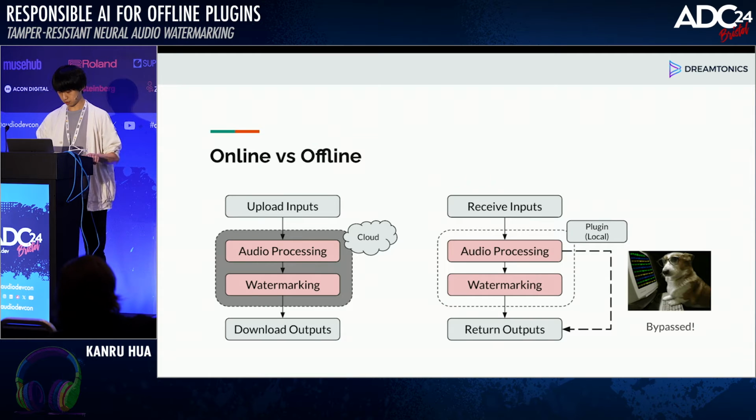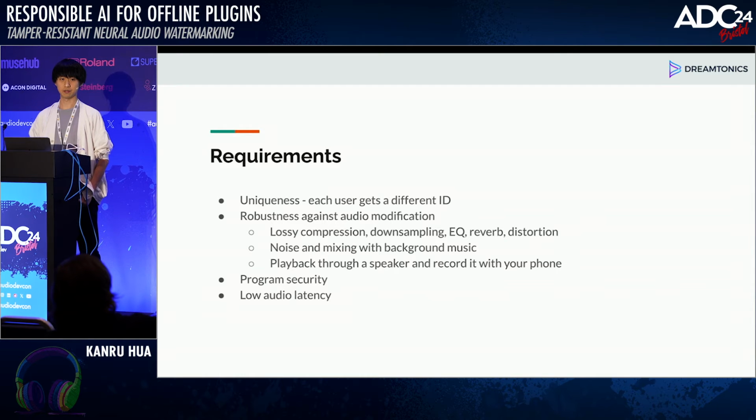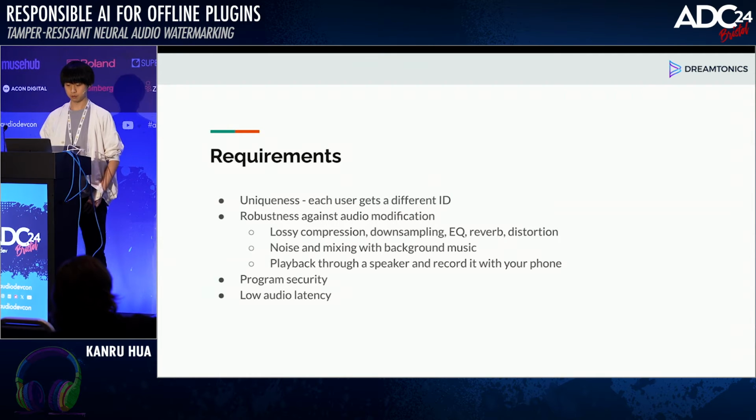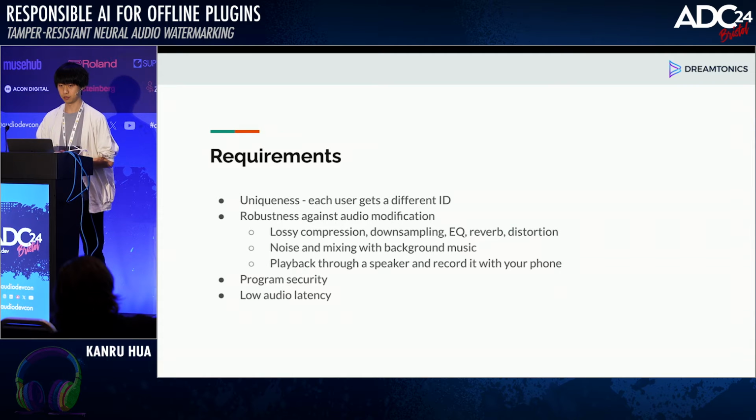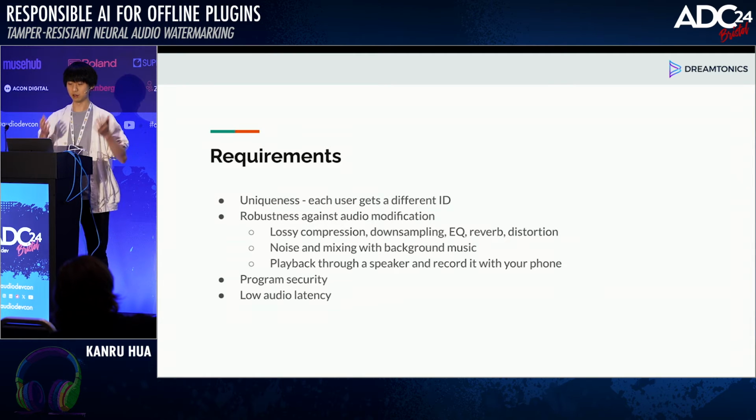So we want a powerful, robust, and secure method of adding watermarks offline. To be a little more clear on the requirements, first, we want the watermark to be unique, so each user gets a different watermark ID. We want it to be robust against common audio modifications or transformations, like uploading to YouTube and downloading it, and you can still extract the watermark. Or noise, or if you mix the vocal with the instrument, you still want to recover the watermark.